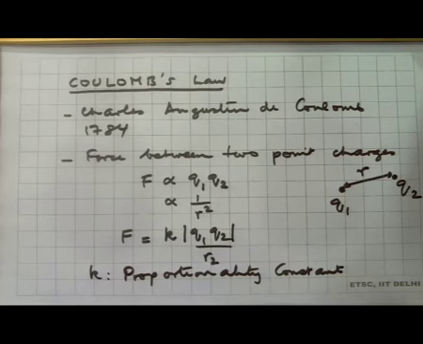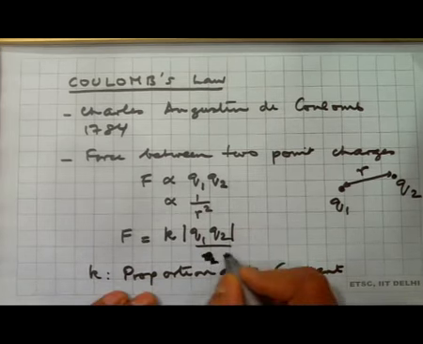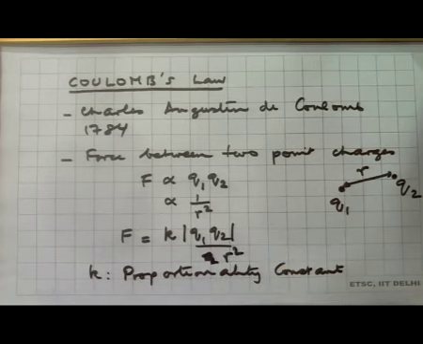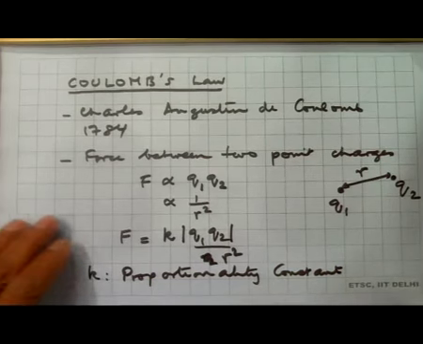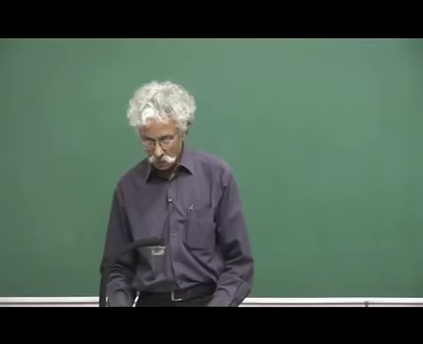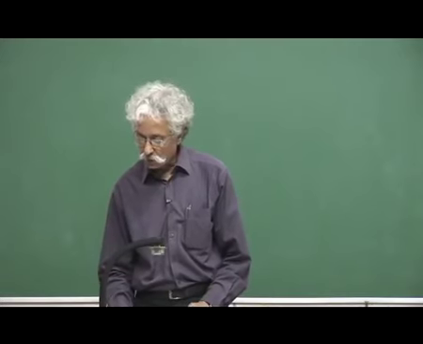If you have done gravitational forces before, this force is very similar to the relationship for gravitational force, where instead of charges you had masses, and the force of gravity is always attractive, while the electrical forces can be repulsive or attractive.